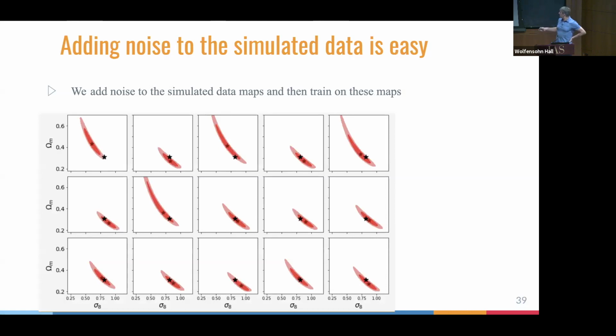Adding noise is easy. I'm not going to go into detail, but here we have added noise. Now the errors, of course, expand, but we still get very good results. One thing that is interesting is that these contours are not always the same, so it depends on the realization of the data. But nevertheless, the true answer is always within the 95% contours, at least 19 out of 20 times.